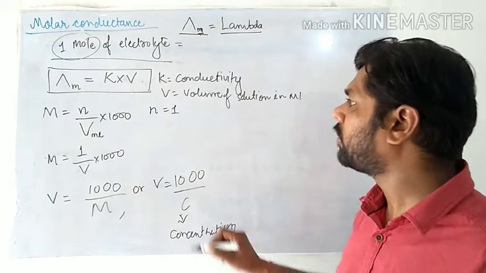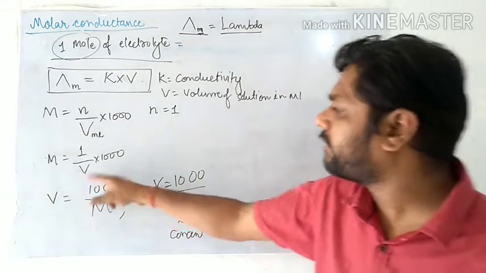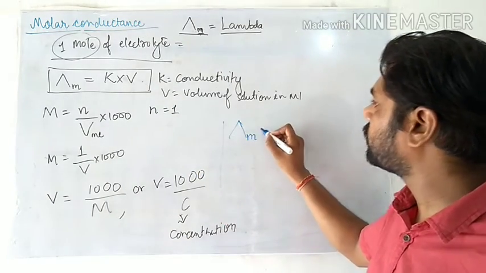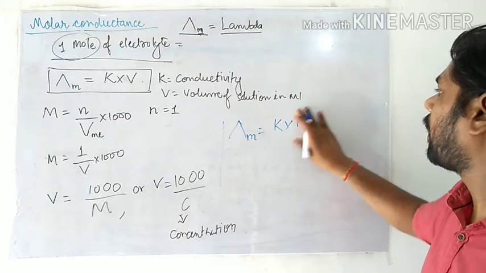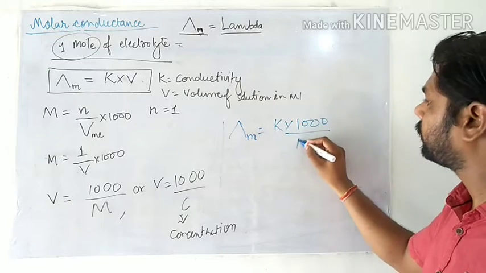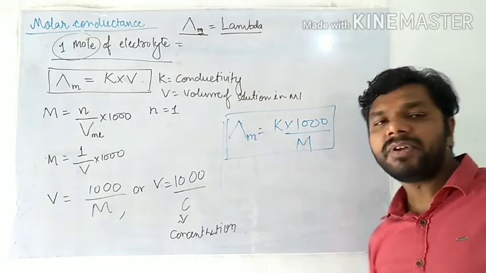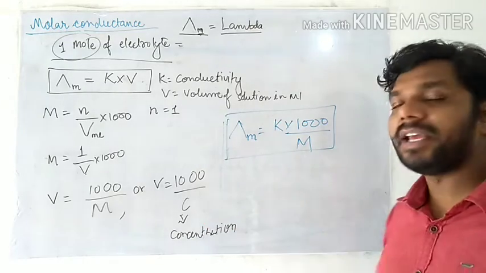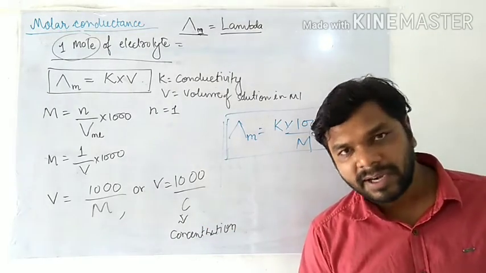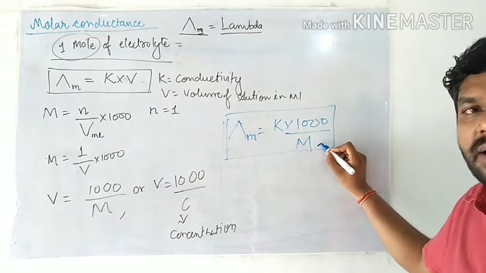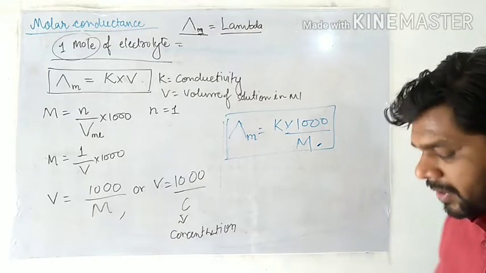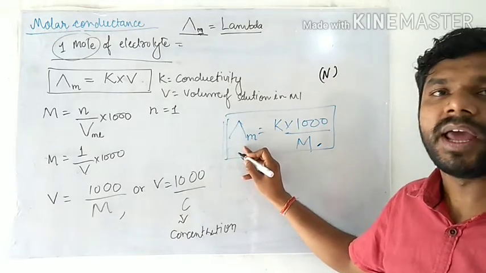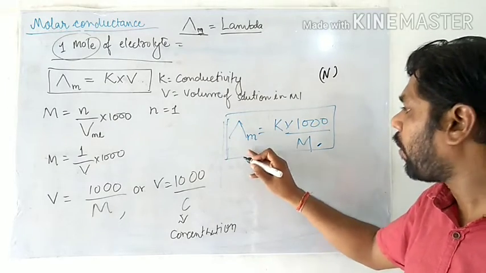Now the final formula we get, by replacing the value of volume, is lambda m is equal to kappa into 1000 upon M. Since normality is also a type of concentration, calculated by equivalent weight, if we use normality in place of molarity, I am talking about capital N, then the molar conductance will be called equivalent conductance.